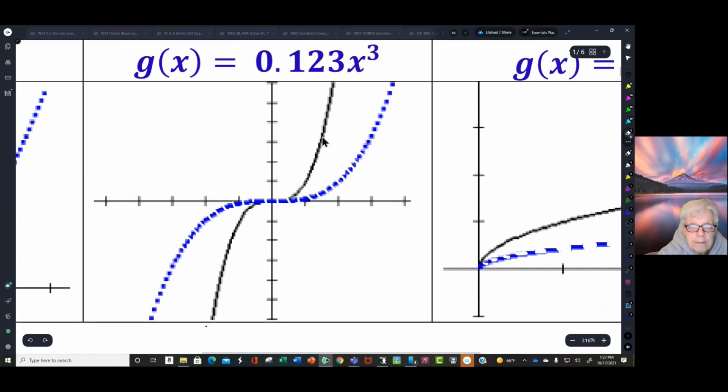Here we have the basic graph, x cubed. And so we have these points, 1, 1, -1, -1 rather. And 1, 1.